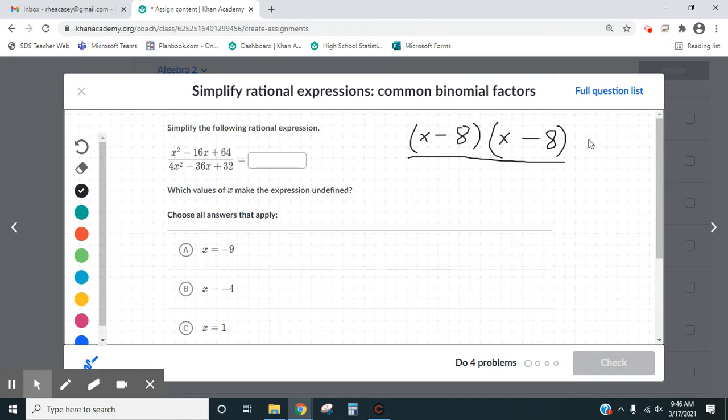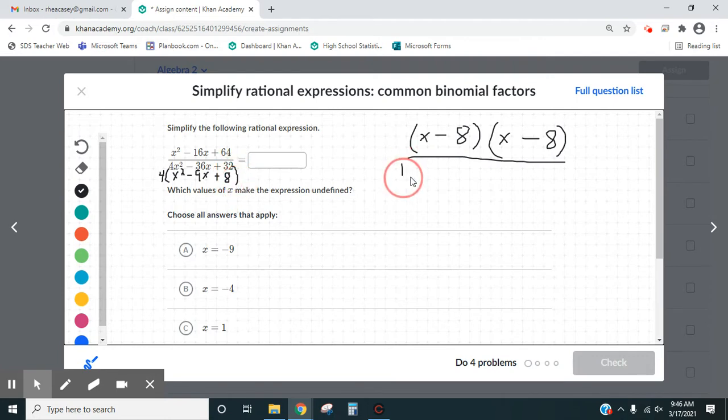On the bottom, before I go over to this step, I'm going to factor a common factor out of the denominator. Somebody tell me what all three of these have in common. 4. So I'm going to divide them all by 4 first.